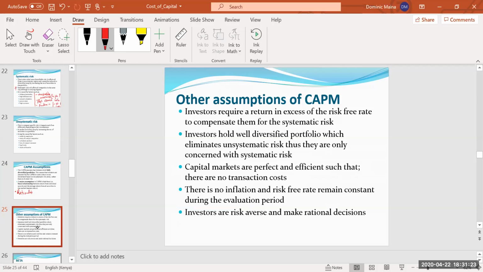However, since we are investing in a risky asset, the return to be received must be in excess of the risk-free rate of return. Why? Because you are investing in a risky asset.